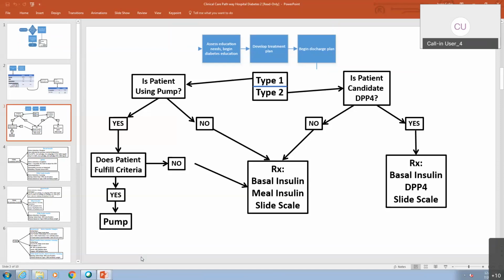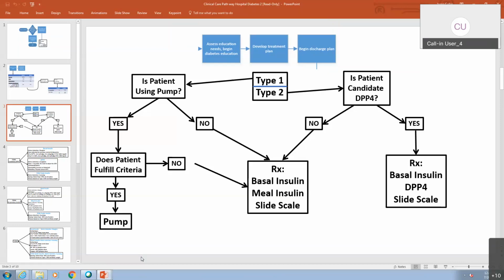How much is the total daily dose, doctors? 100 kilos, type 1, total daily estimated dose. 50 units per day.